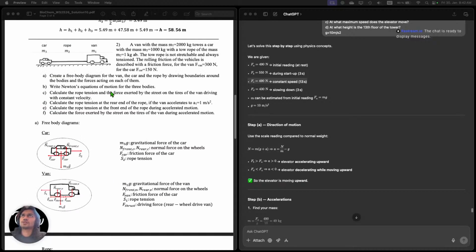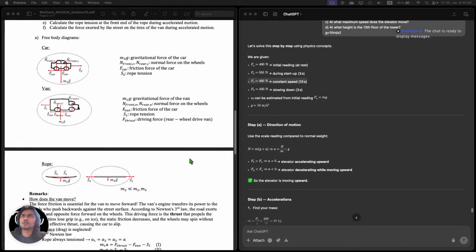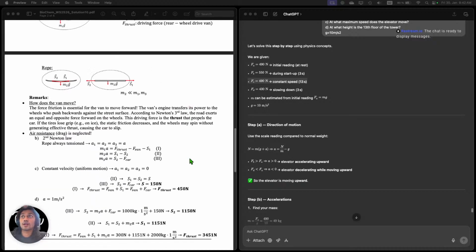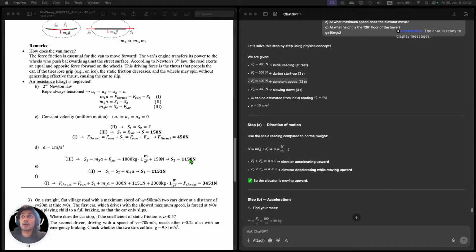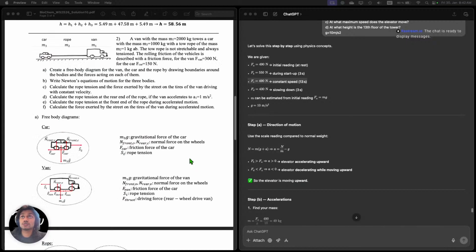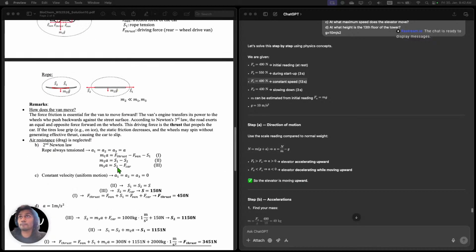Write the Newton equation of motion for the three bodies. Newton equation? Like Newton's equation? How do I write it though?